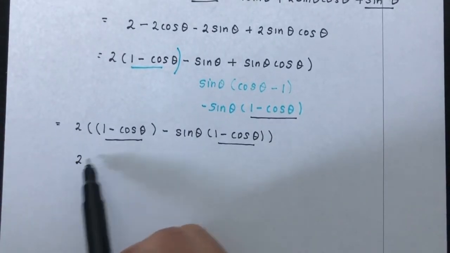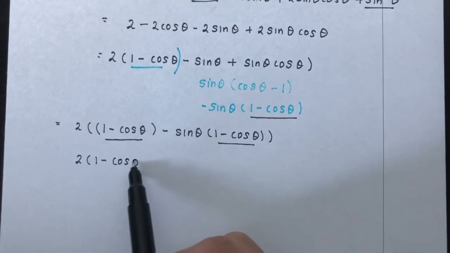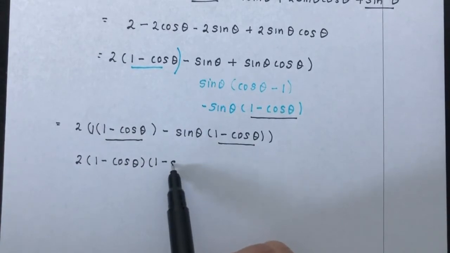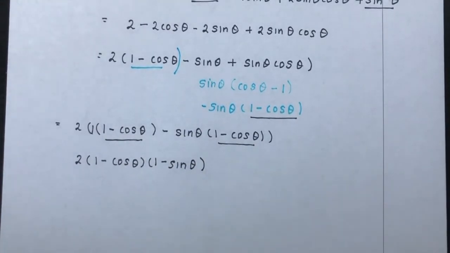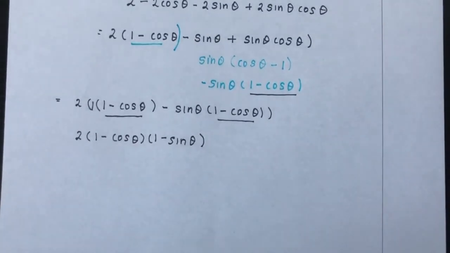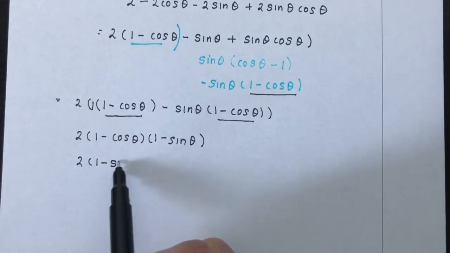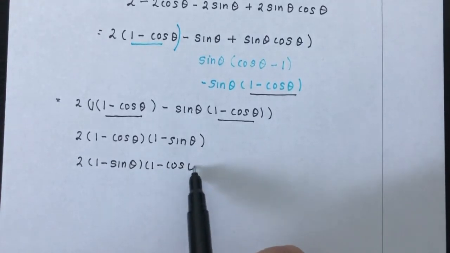So you have 2, and then this will be 1 minus cos theta, and you will have 1 remaining, 1 minus sine theta. Okay, so we can rearrange this so it looks the same as the other one. That'll be 2, 1 minus sine theta, 1 minus cos theta.